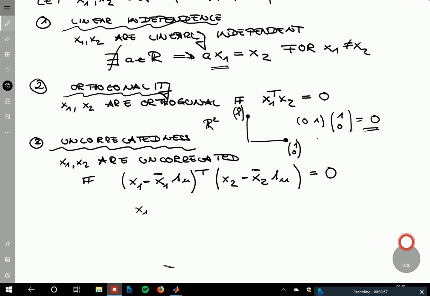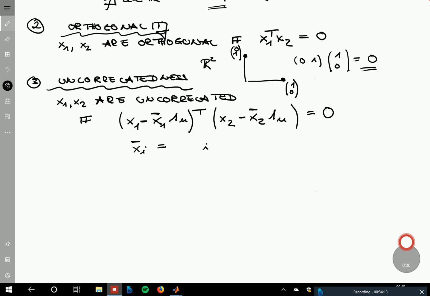Here the bar is the average value, so the bar is 1 over n times the sum, the arithmetic mean, and this 1n is a vector of n ones, so that this is well defined. So you have a vector minus the scalar times a vector of ones, then you transpose it, and multiply, in the dot product sense, with the same thing here.